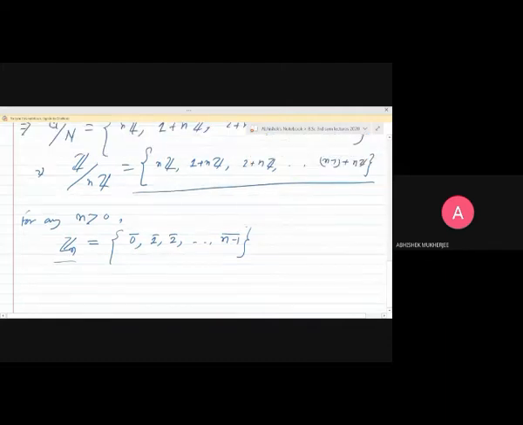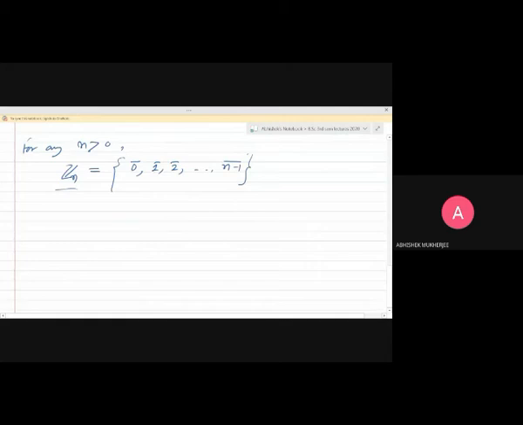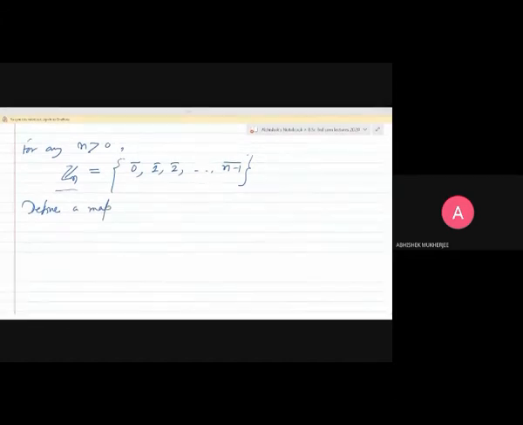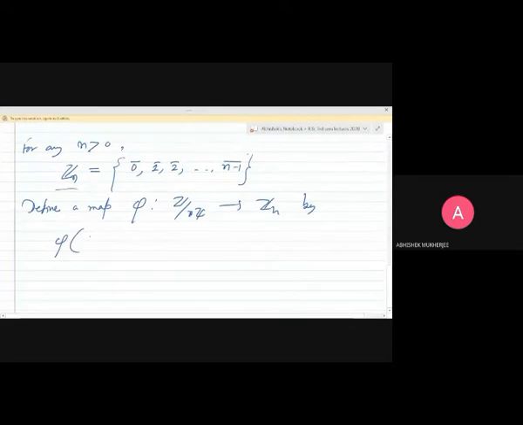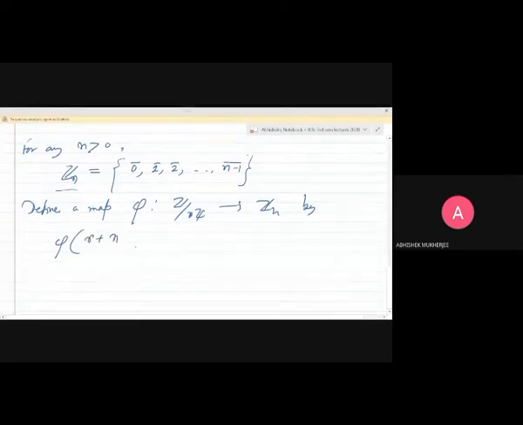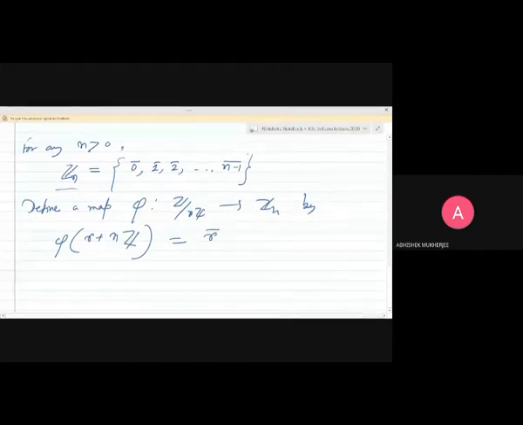But if you look at the groups closely, you will see that one can define a map phi from Z by nZ to Zn by phi of r plus nZ equals r bar, for all r equal to 0, 1, 2, up to n minus 1.